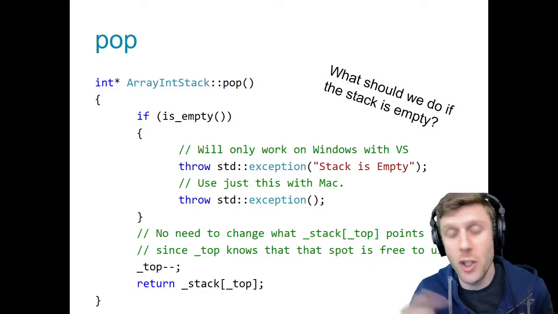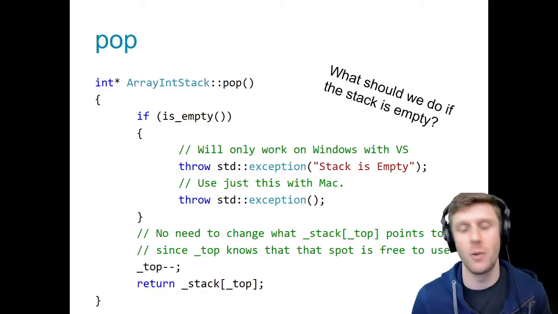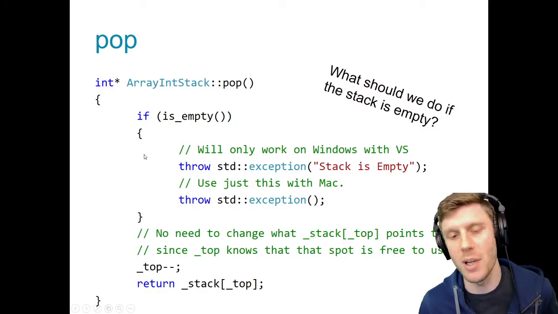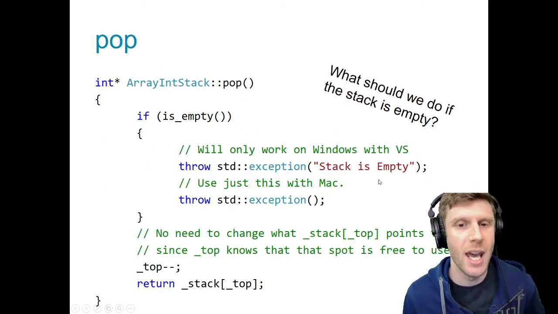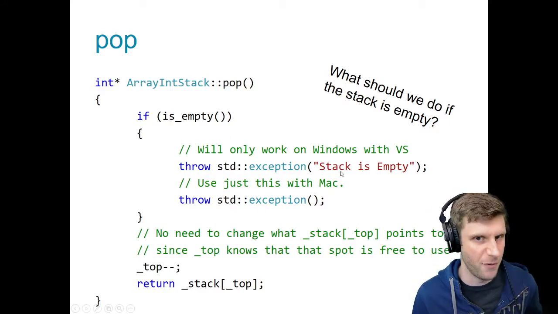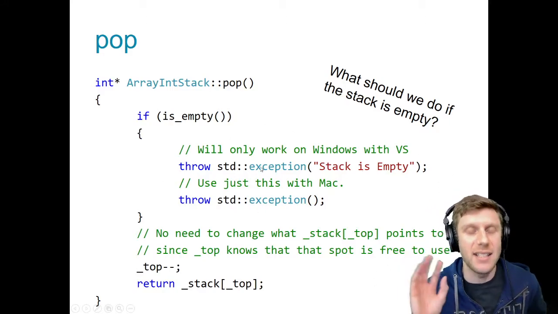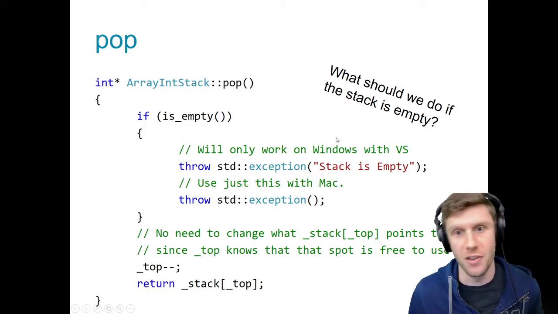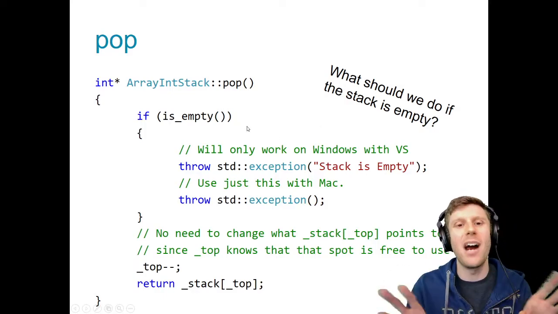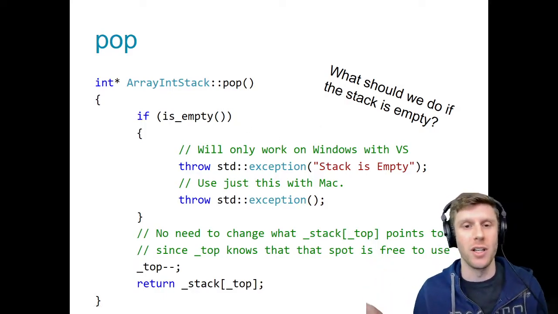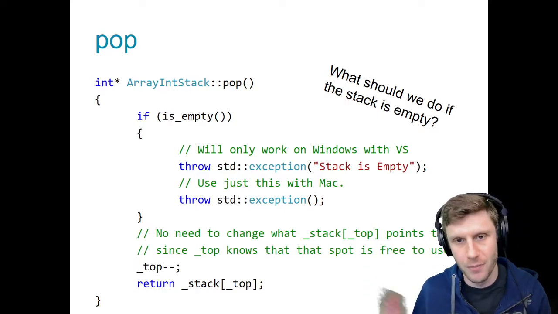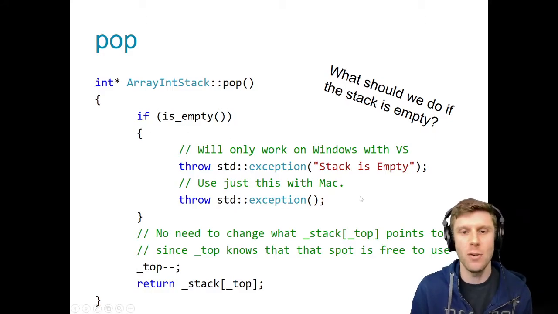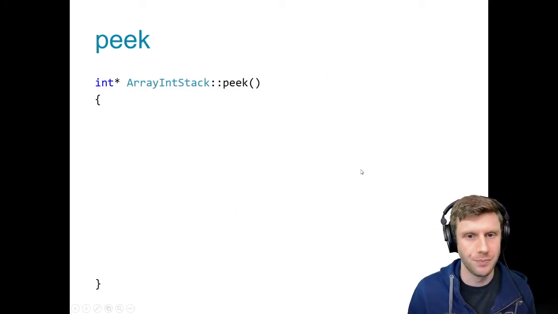I don't know what you want to do with it tomorrow when this situation happens. So I'm going to throw an exception, and then whoever uses the pop method, if they see an exception come from this, they see the stack's empty, and they can write the code to manage what they want to do. Like, crash immediately, or just ignore it, whatever. So if it's empty, we'll throw this exception.